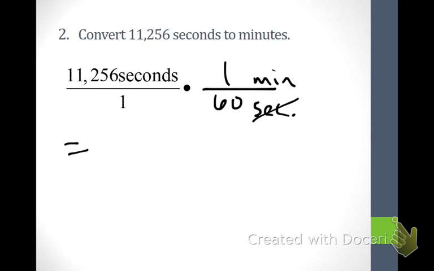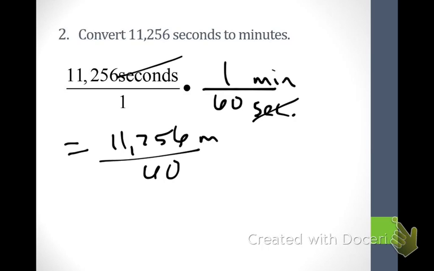Right, so when we do, the seconds are going to divide out. We get 11,256 over 60, and minutes are left as far as units go. So this tells us we got to divide 11,256 by 60. Yep. Can we cross cancel or whatever?